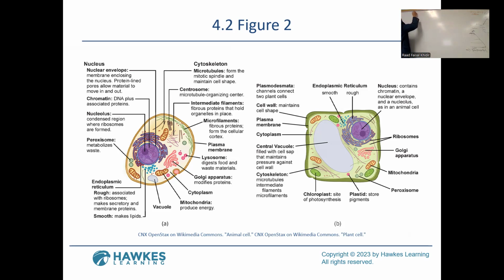superoxide? So superoxide is a dangerous toxic substance. So the peroxisome has a lot of enzymes that are going to convert it into hydrogen peroxide.